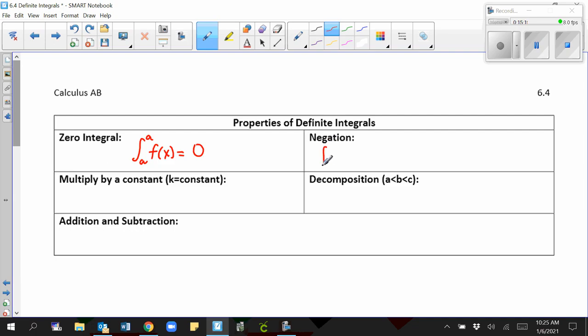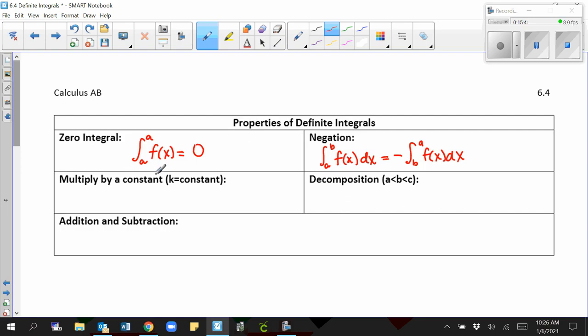So if I have the integral from a to b of f of x dx, that's equal to negative integral from b to a of f of x dx. So if you switch the a and b, you got to put a negative in front.